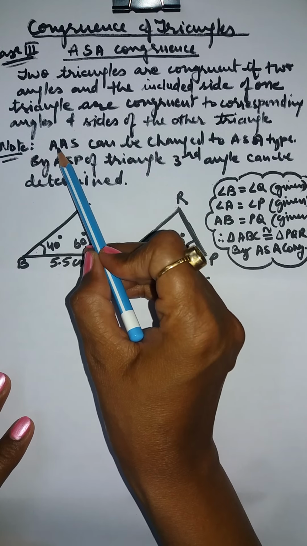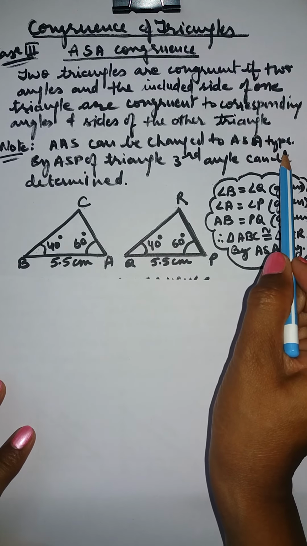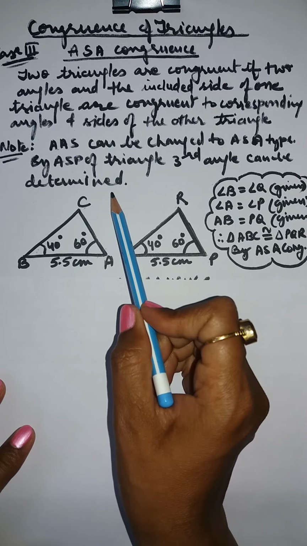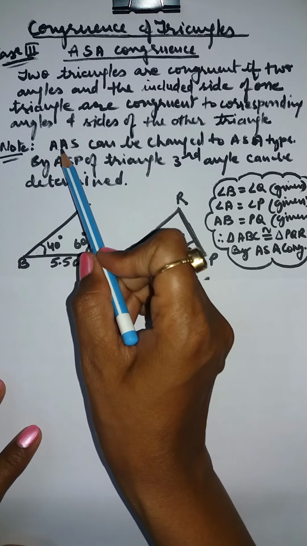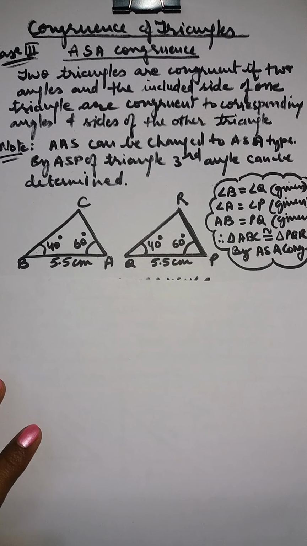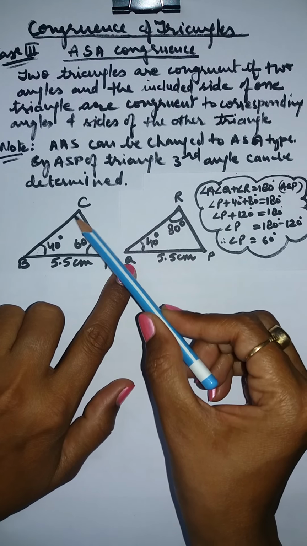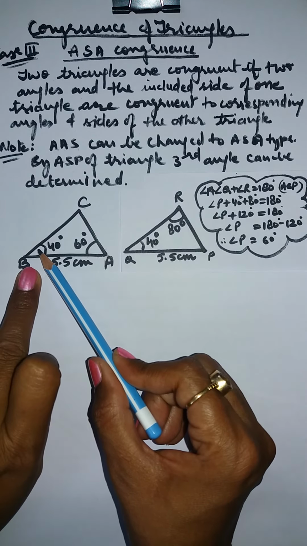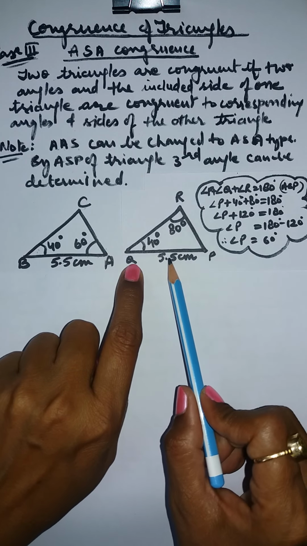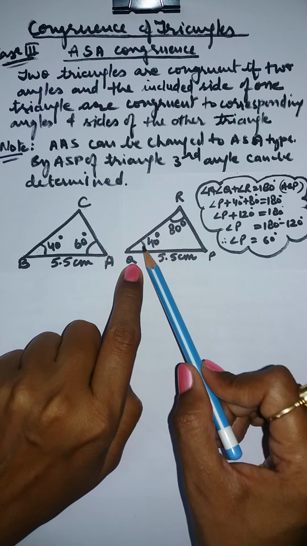Note that AAS can be changed to ASA type by the angle sum property of a triangle, as the third angle can be determined. Now what is AAS? It means if in one triangle the two angles and included side are given, but in the other triangle the included side is not present, only the two angles are there. That means angle, angle and side is given.